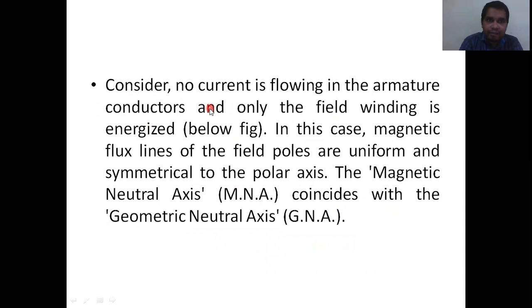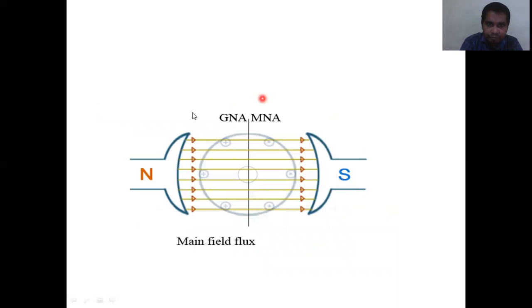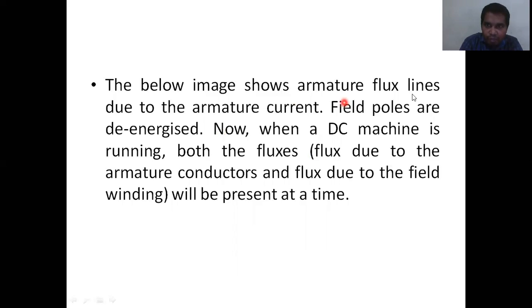Consider no current is flowing in the armature conductor and only the field winding is energized. So the magnetic field lines of the field poles are uniform and symmetrical to the poles. The magnetic neutral axis coincides with the geometrical neutral axis. This is what has been shown here, the main flux. And in the second case, the armature flux due to the armature current, the field poles are de-energized. That is, only the armature conductor carries current.